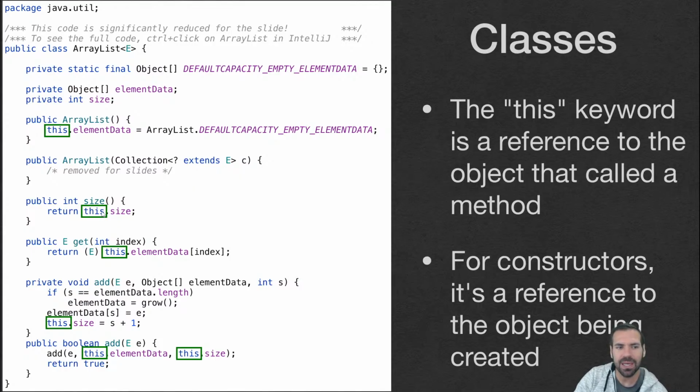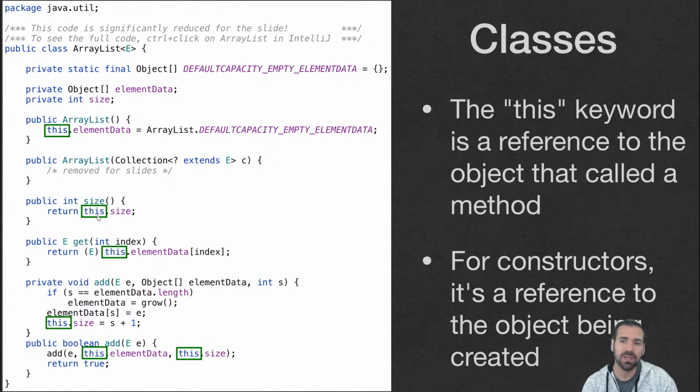Without the keyword this, size isn't going to know which ArrayList you want the size of. This is how the size method knows, oh, you want the size of this ArrayList, the ArrayList that called this method, because you did array3.size. So you must want the size of the ArrayList being referenced by the variable array3, and it knows that by using the keyword this.